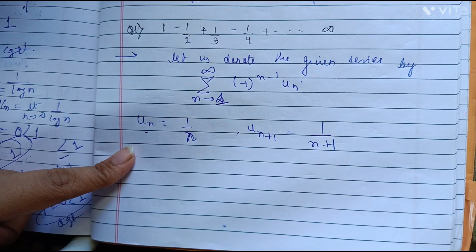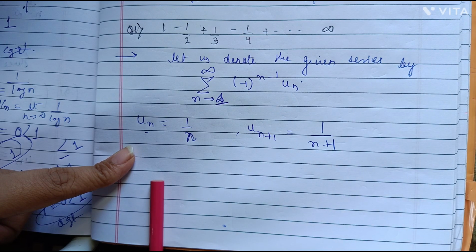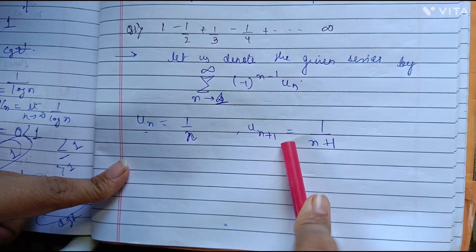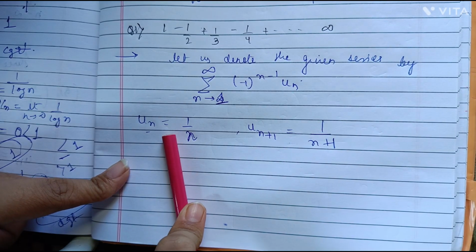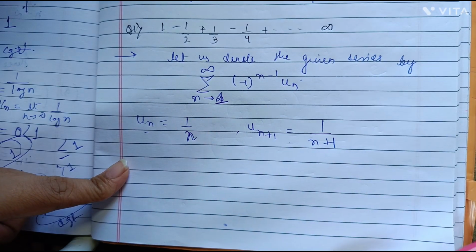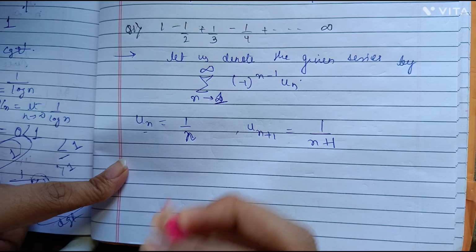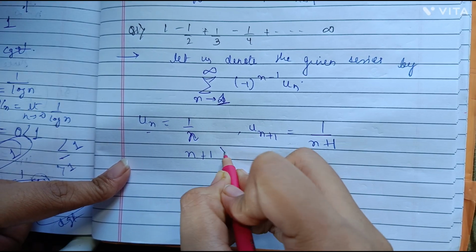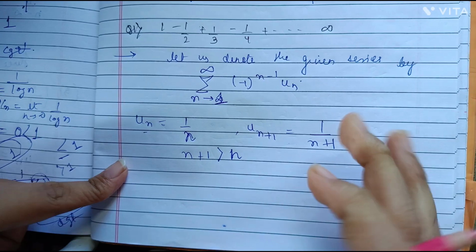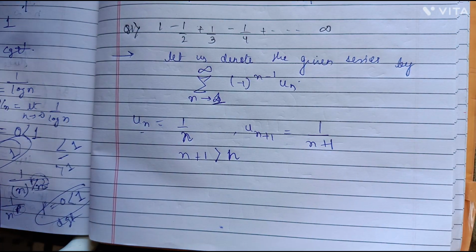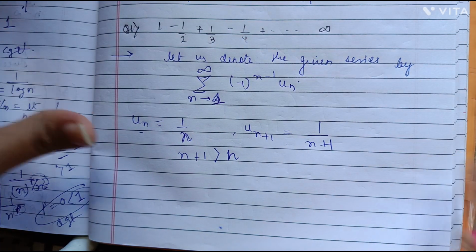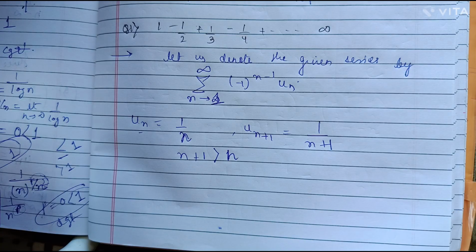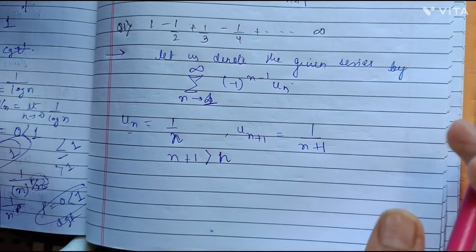Un plus 1 is this. I have to check the conditions. First condition is that this term has to be less than this term. So how to check it? Usually the n plus 1 term is greater than the nth term. It's a general concept that the n plus 1 term will definitely be greater than the nth term.